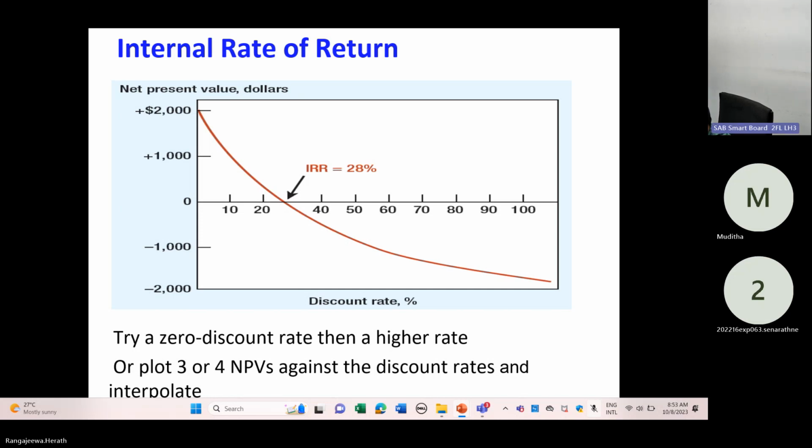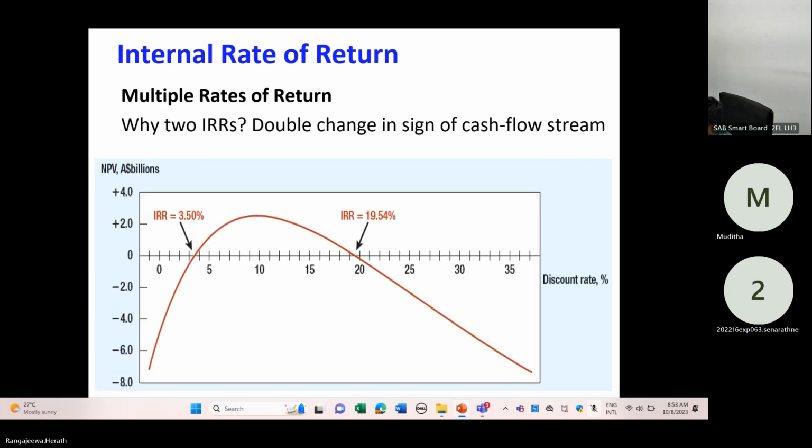But you should know there can be a situation where the NPV curve has this shape, where there are two points at which it intersects the x-axis, where NPV becomes 0. This is possible when, initially, in year 0 we have a cash outflow of 10 million.